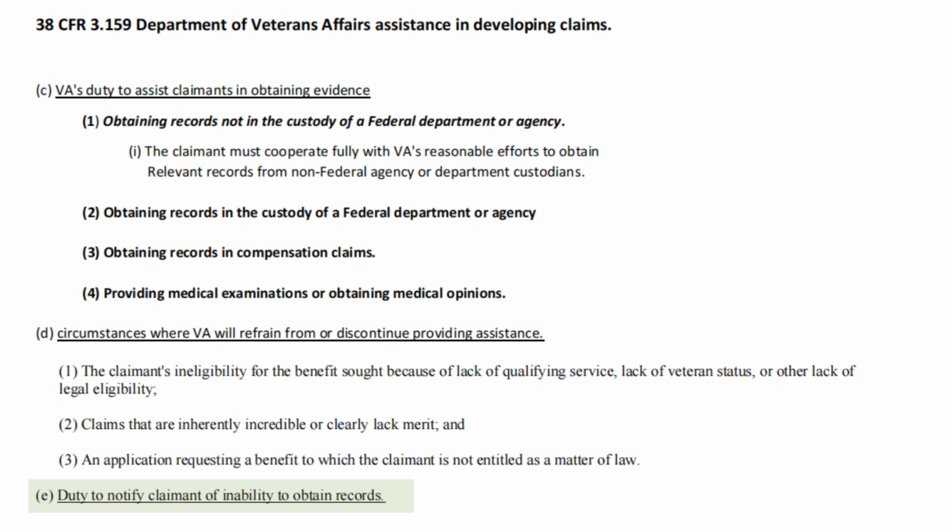Or if they go out to a VAMC and the veteran says, hey, I received treatment at this particular VAMC back in 1975, they may not still have those records, okay? It's a possibility they could, but they may not. But if they don't, then VA has to notify you on that, okay?